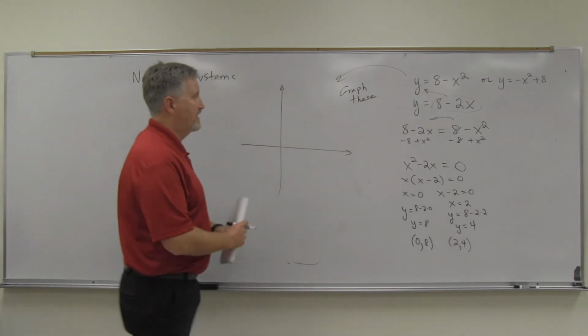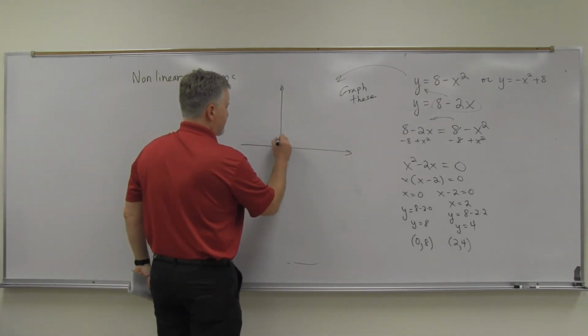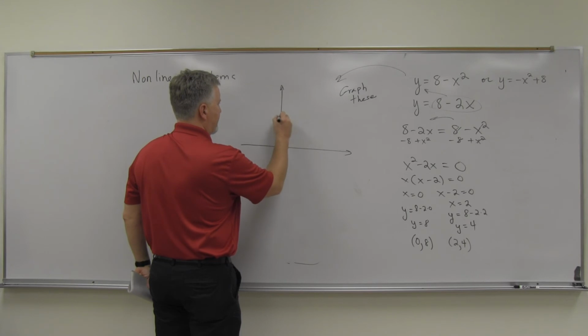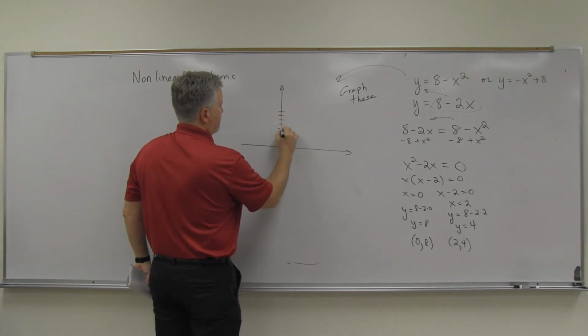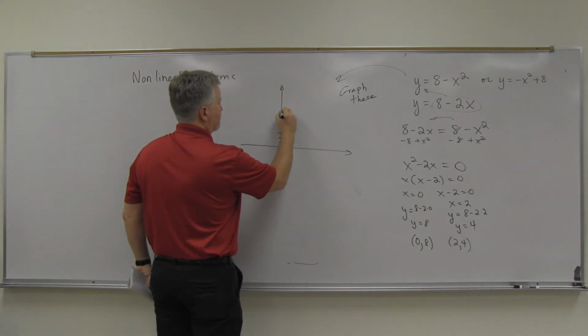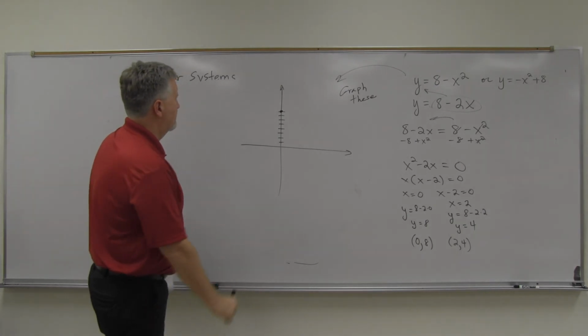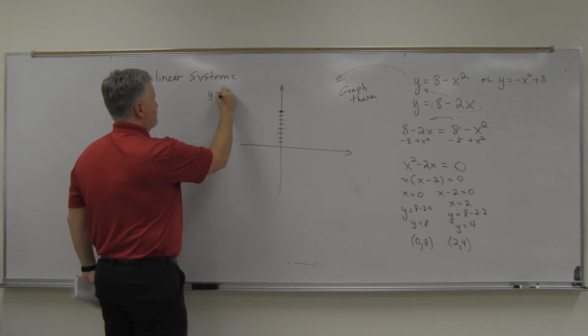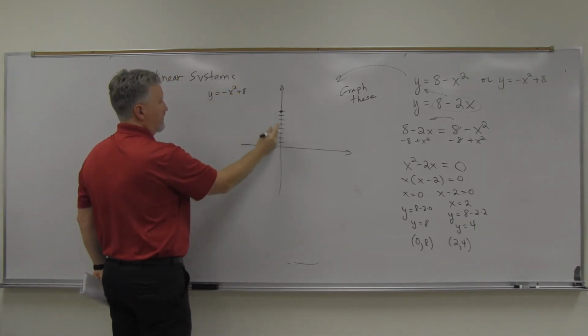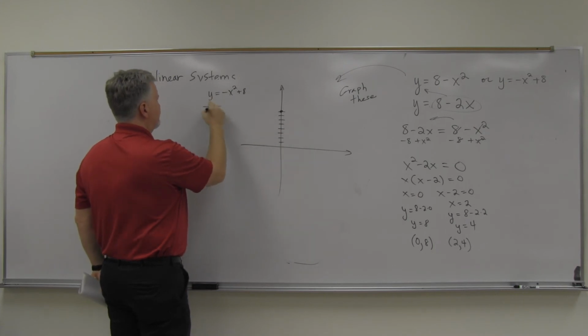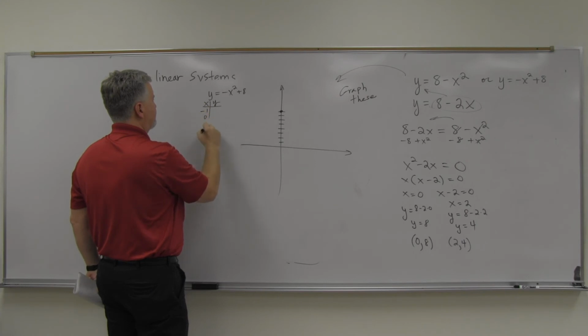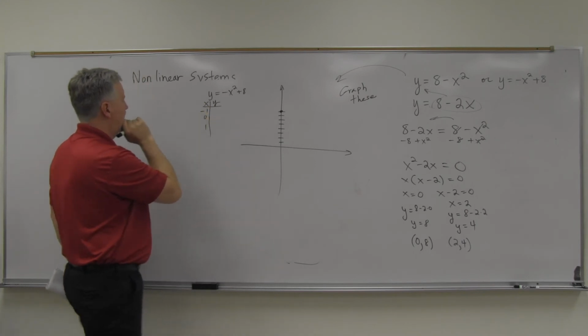So it kind of gives you an idea. If you get some points, your y-intercept is at 8. You have to do a little table or something like that, but you kind of know what it should look like. But to get a little bit nicer, let's get the -1 points, positive 1.